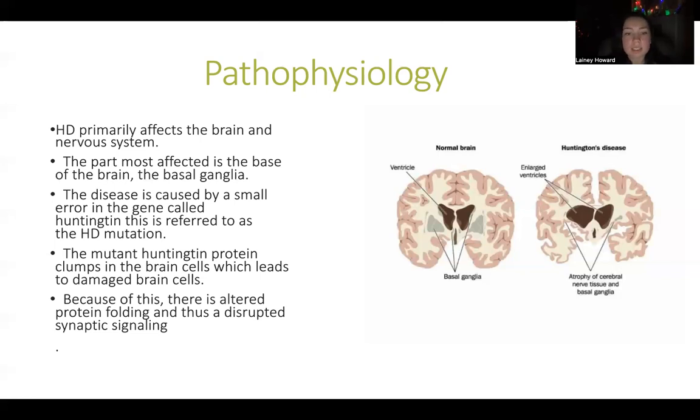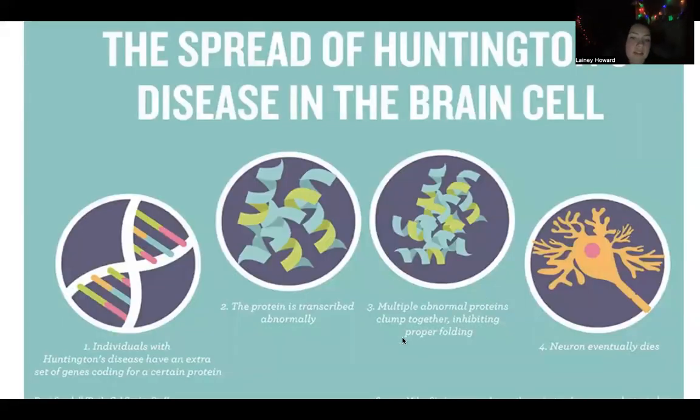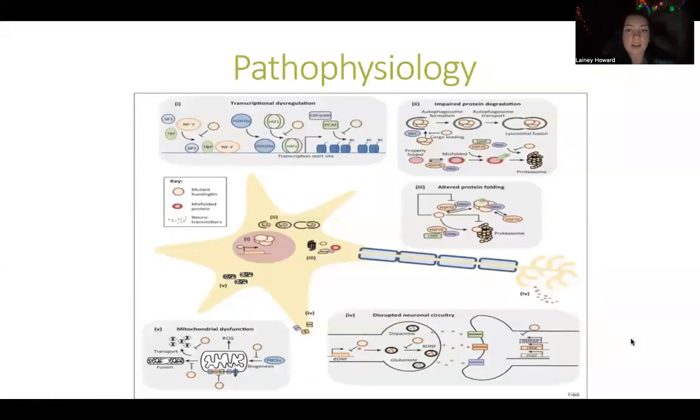Huntington's disease. As you can see here in this next picture, I really like this because I think it describes the CAG sequence being repeated very well and shows how the huntingtin protein will become clumped and eventually be toxic to a neuron, and it will die. I also think this picture is really good for describing the pathophysiology of Huntington's disease.